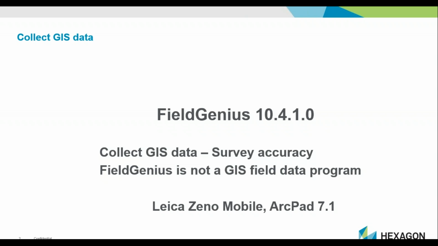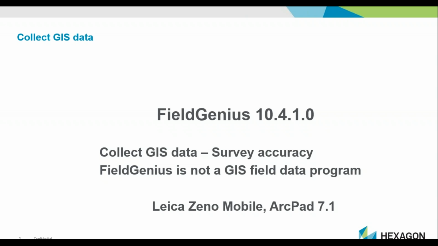So again, as we built FieldGenius, it was designed for surveyors, and we've added in some ability to collect basic GIS data. As a result of that, the GIS data is not fully integrated, and it's not designed to be a GIS field data collection program.